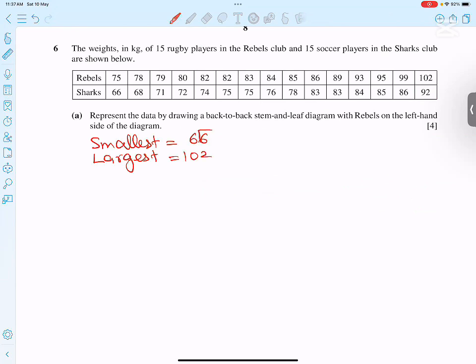Leave one digit from the right side, because these will behave as leaves, and stems are 6 to 10. So let's try to write the stems.